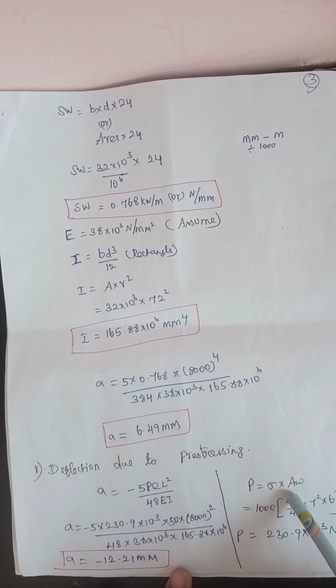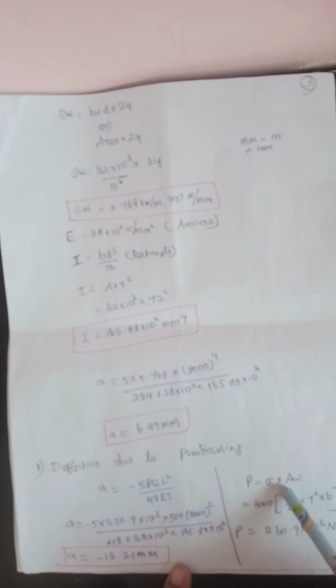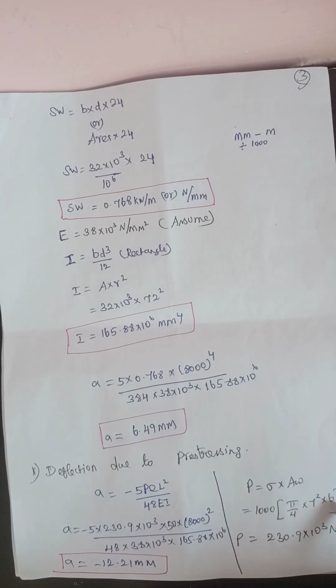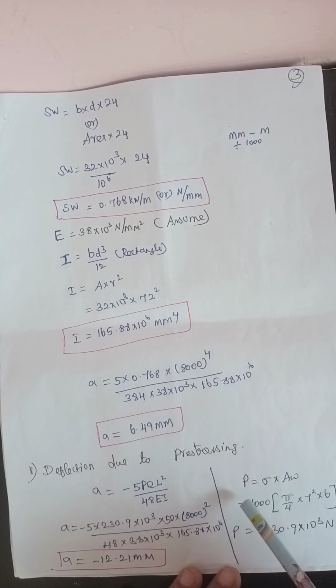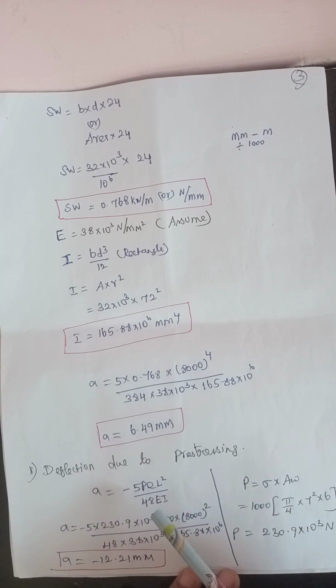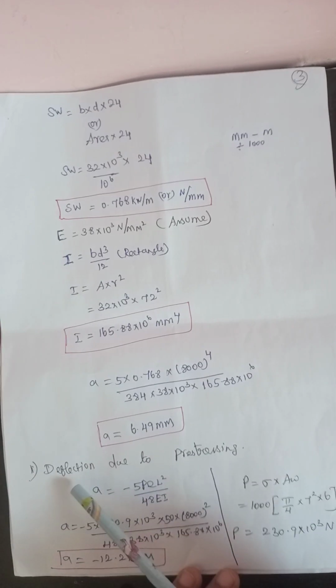Instead of that we have initial stress. By multiplying this initial stress into area of wires, we have 6 number of wires, each wire is 7 mm diameter. From this we can calculate the pre-stressing force. By substituting the pre-stressing force, we can easily calculate the deflection due to pre-stress.